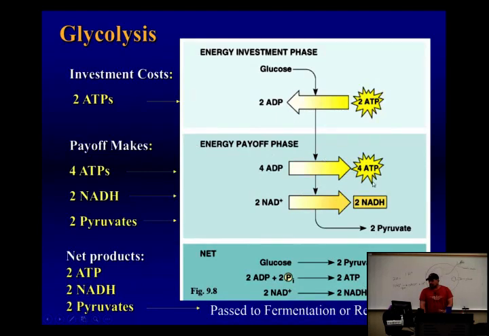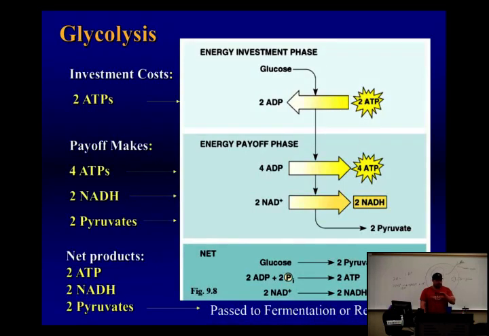The energy payoff, we get 4. We also create 2 more NADHs. What are these for? Their job is to carry electrons safely through the cell, right? That's all they do. They just carry electrons.